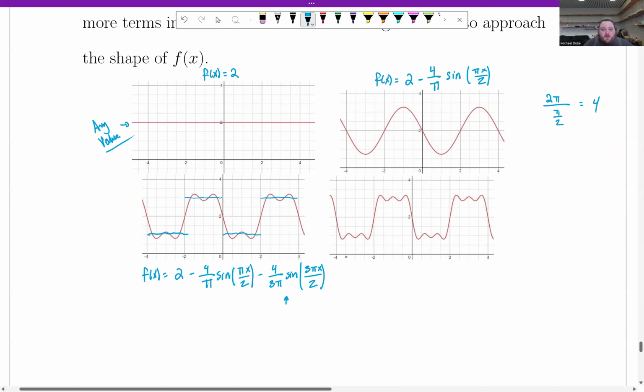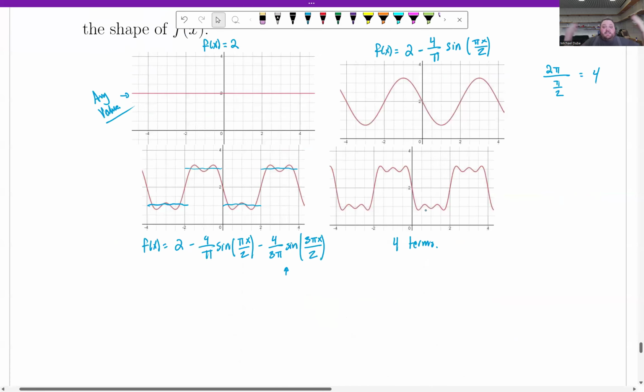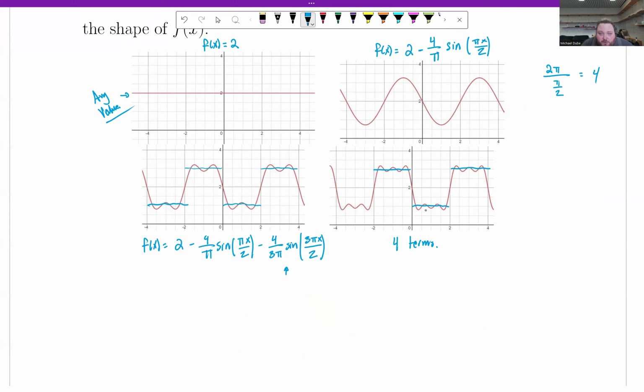This term has a smaller period, and so we're seeing smaller fluctuations happening within our curve. And this is now with 4 terms, and it's exactly what we had up here. If we continued this to infinity, we would eventually have our function approximated using a Fourier series. Okay, awesome.